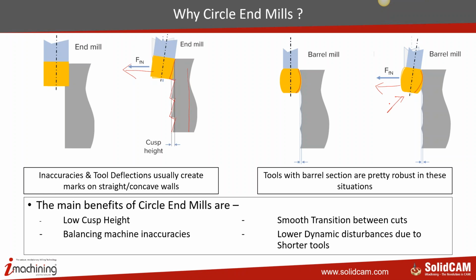It can balance machine inaccuracies like what I showed here, give smooth transition between cuts, and lower dynamic disturbances because we use shorter tools, since we always go in contact with the side of the tool, and thereby we can use short tools to machine deep surfaces. That is another advantage of using barrel tools.